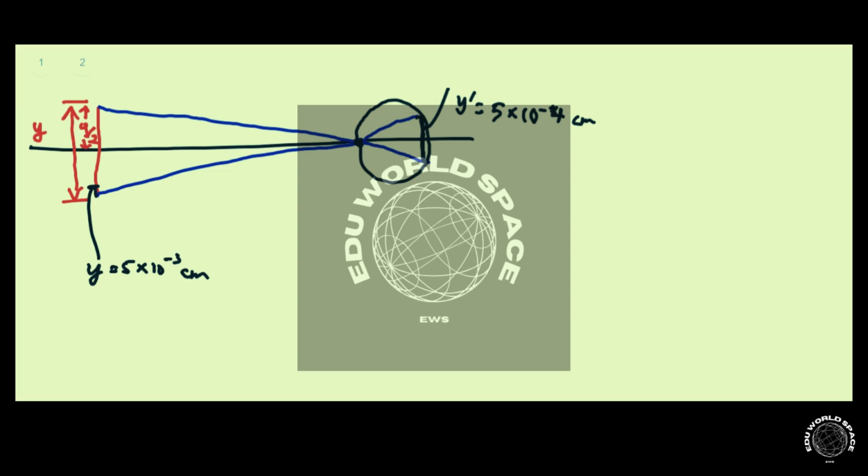Okay, so this is what we found before when we solved for y, and then we also know that this distance, this is s, and that's 25 centimeters, and this is s prime, that's 2.5 centimeters. Okay, and now we wish to find this angle here.